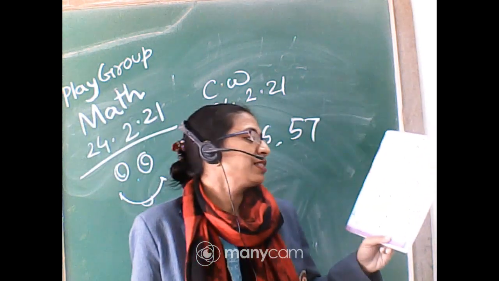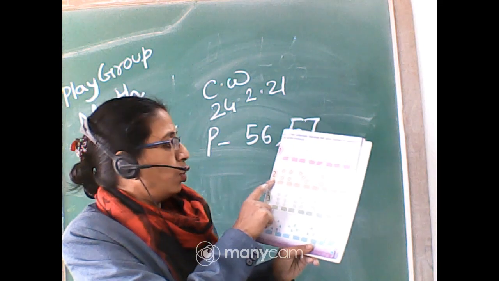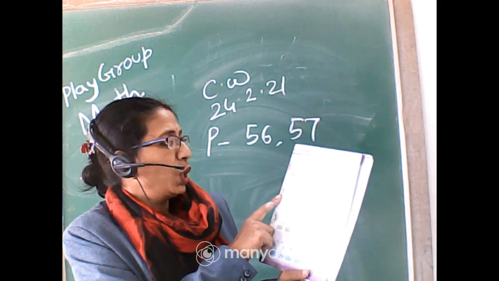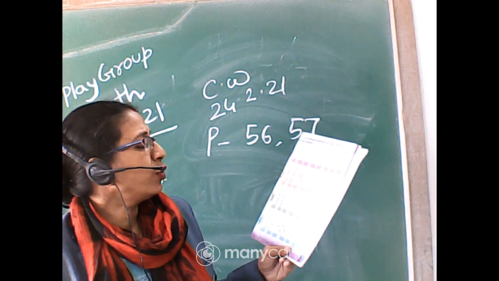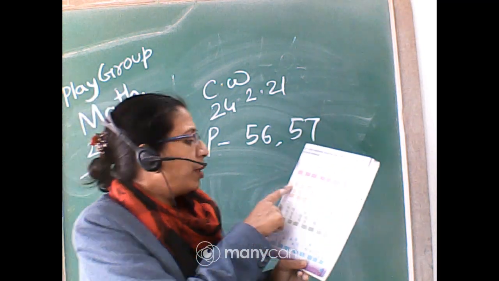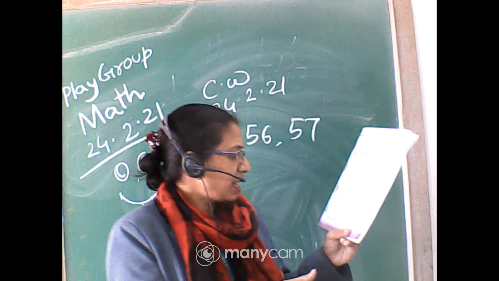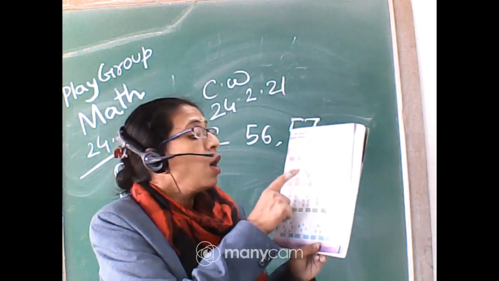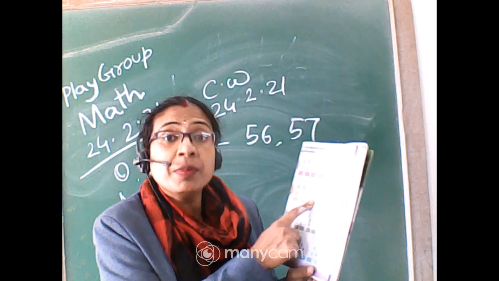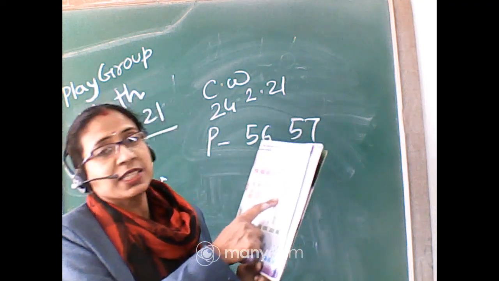Move on. Number 2. 2 is written here. And find out where is 2. The pictures are buttons. So count 1, 2, 3, 4. 4 buttons are there. 1, 2, 3, 3 buttons are there. 1, 2, 2 buttons are there.